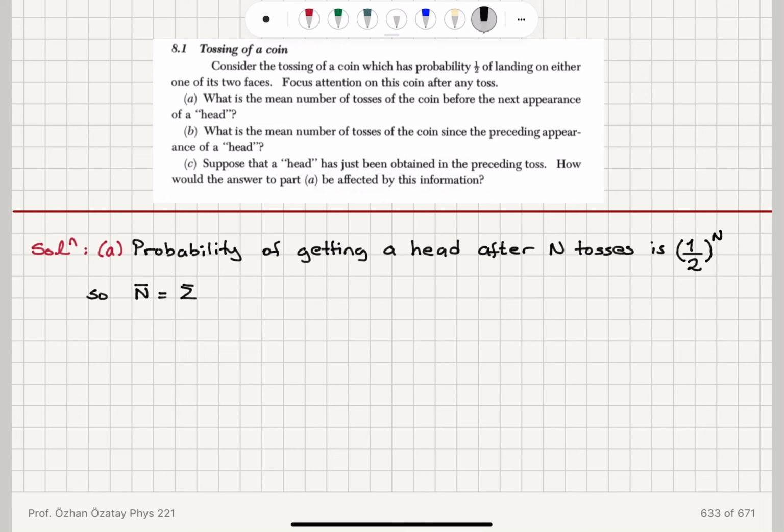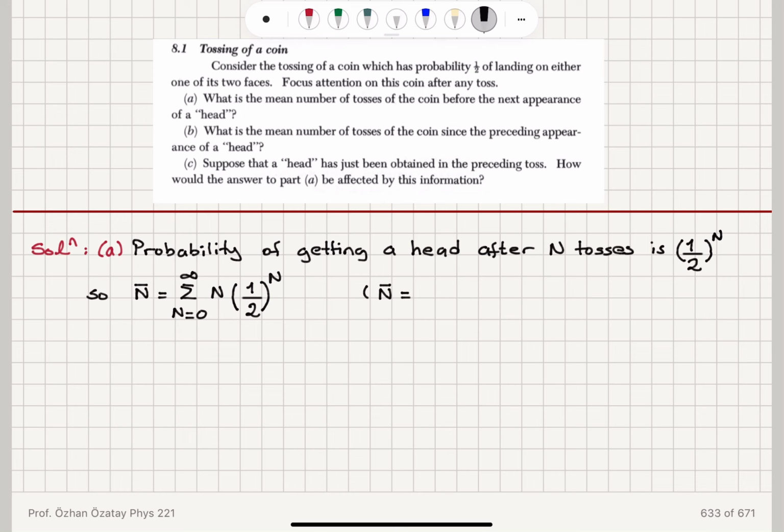So the number of tosses from 0 to infinity, the number of tosses capital N times the probability of getting a head after n tosses, 1/2 to the power n. So this is basically the definition of the mean number.